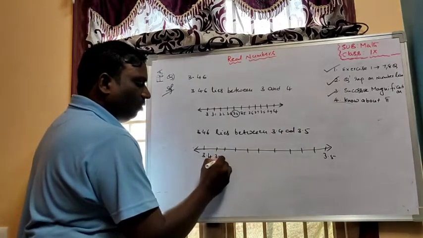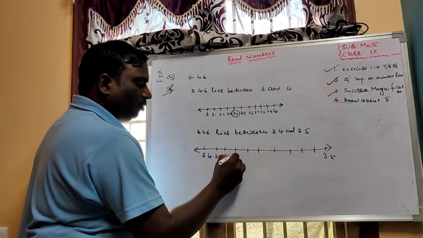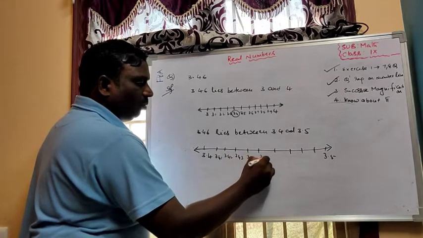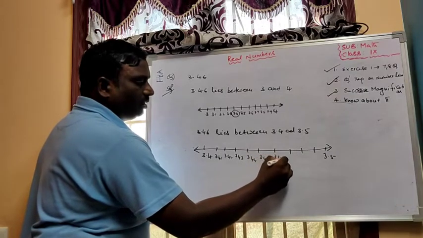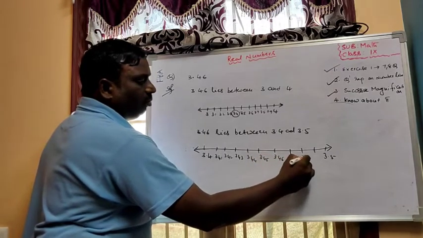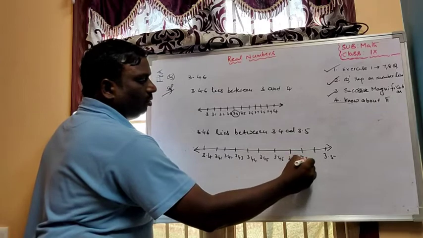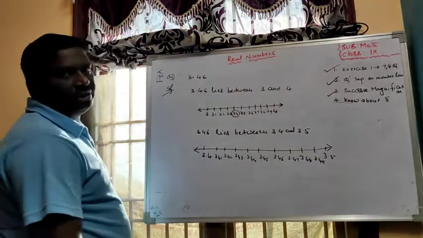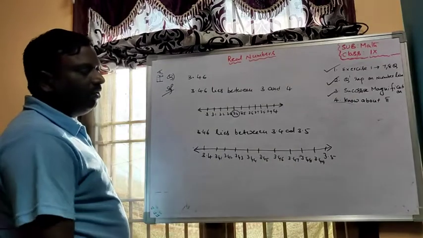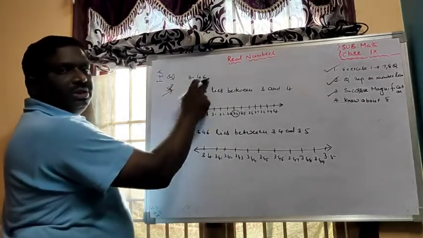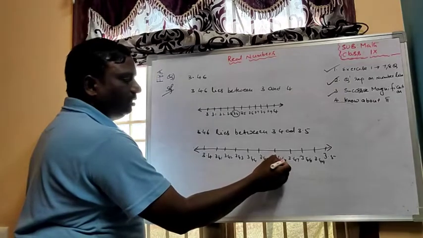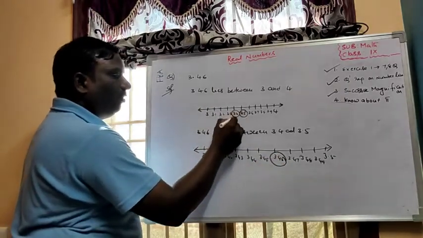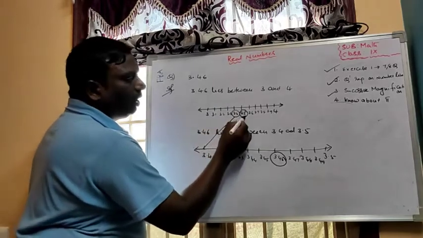So 3.41, 3.42, 3.43, 3.44, 3.45, 3.46, 3.47, 3.48, 3.49, 3.50 next. 3.50 is nothing but 3.5. So we need to represent 3.46. Here it is 3.46.